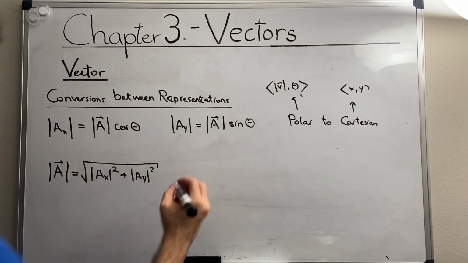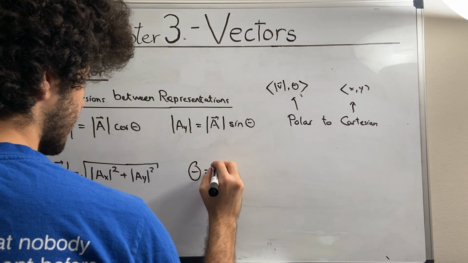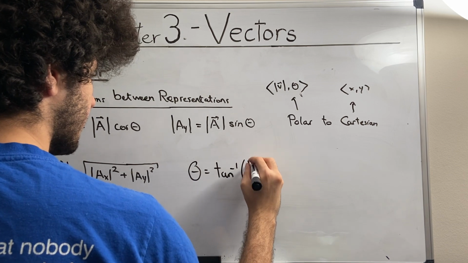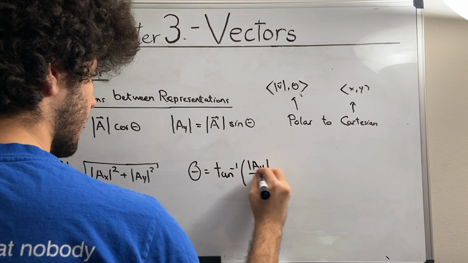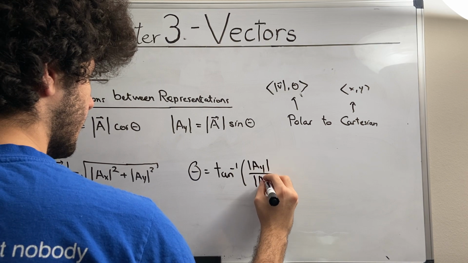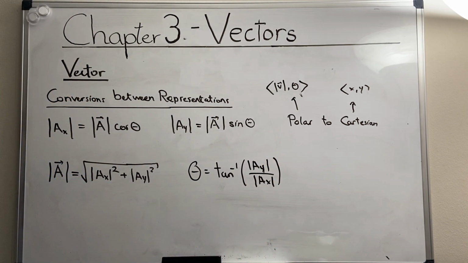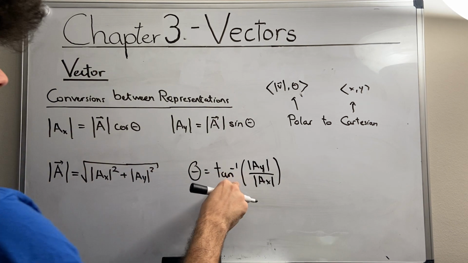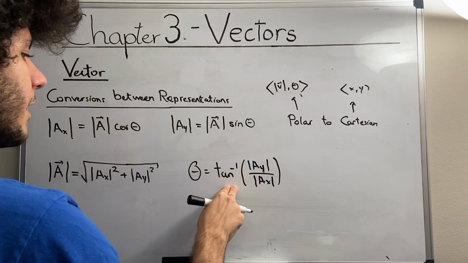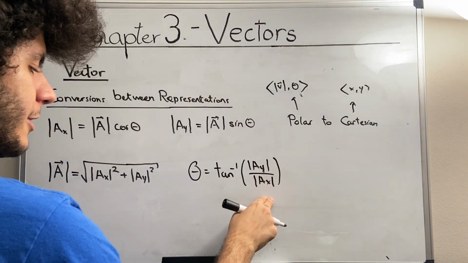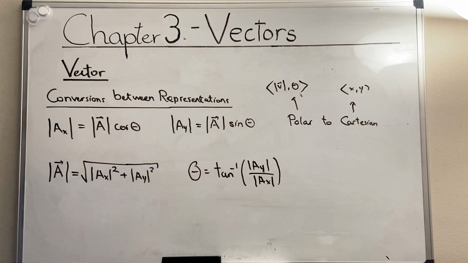And finally, we have this, which is really a cool formula to use. Not too complicated, but cool. Basically, the arctan of the y component over the x component will give us the angle, right?